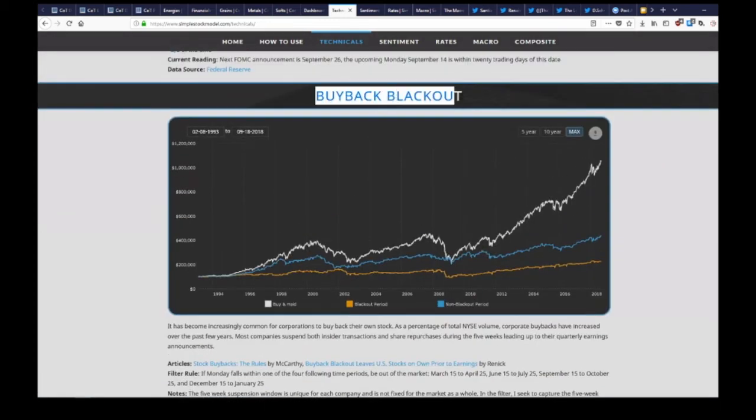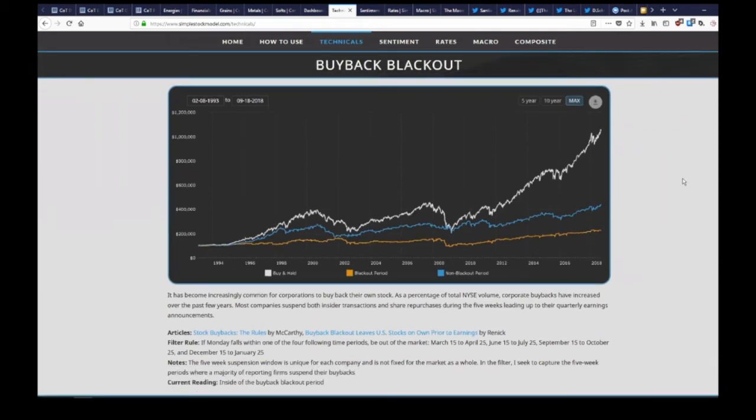The buyback blackout is the tendency of companies to suspend share repurchases in the 5 weeks leading up to quarterly earnings announcements. Not every company sticks to it, and obviously that time window is different for each company. But these earnings announcements cluster, so I selected a time window that includes the majority of them.